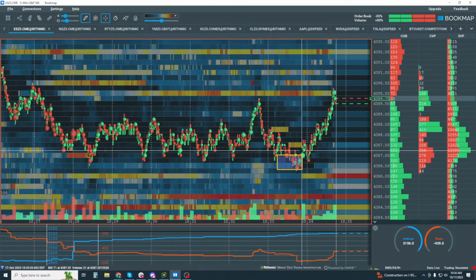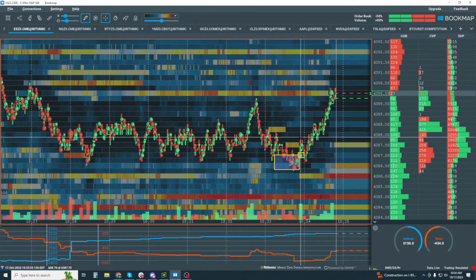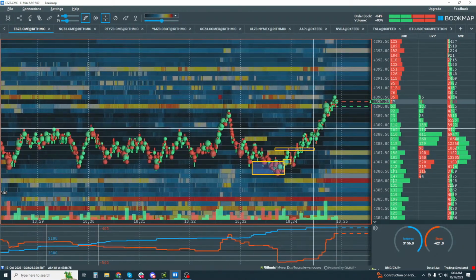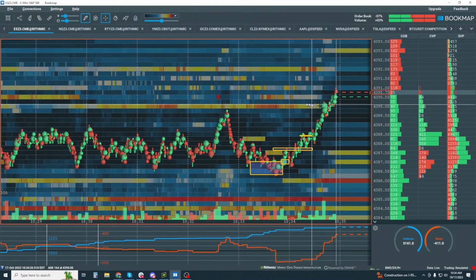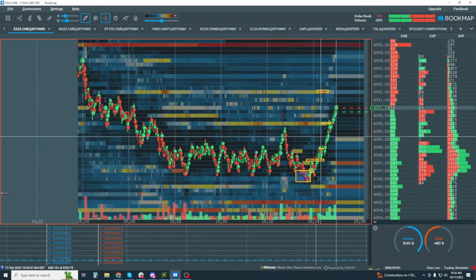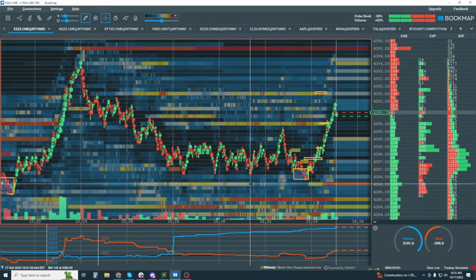So you can see the buyers did come in here, okay, but I'm looking for a little bit higher. They do come in, and then the flip, and now our 90, and look at 92 as well, starting to pull. So looking good for a continuation up to 92.